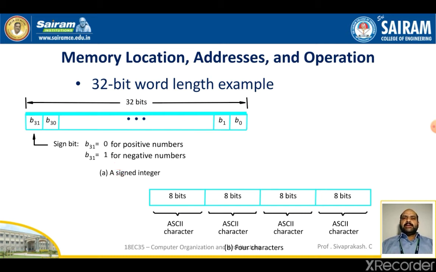The 32 bit data is divided into 8 bit units, into 4 different bytes. So 32 bits of data is segregated into 4 groups of 8 bits, and each can be represented as an ASCII character.